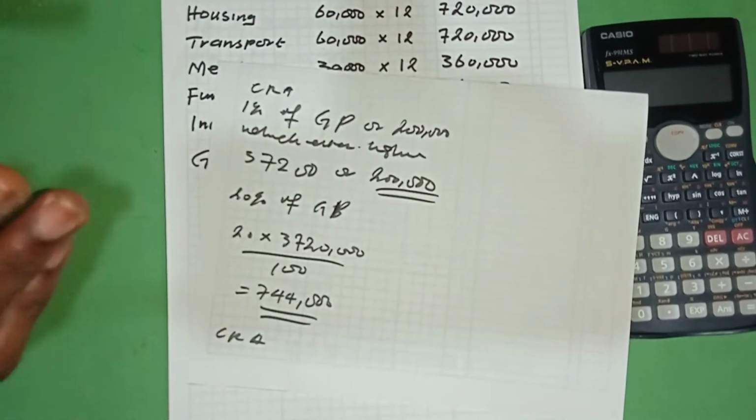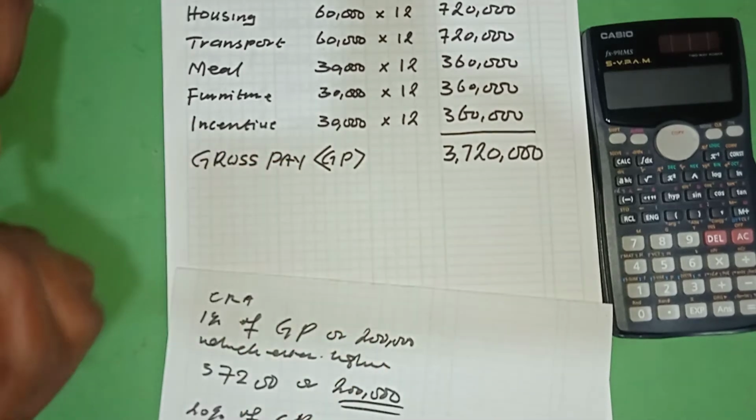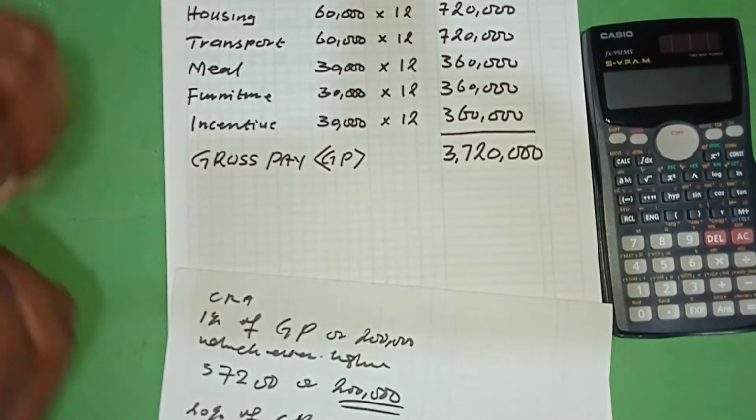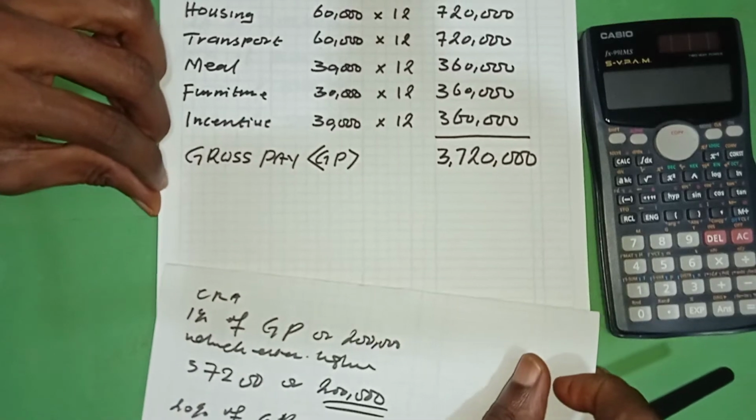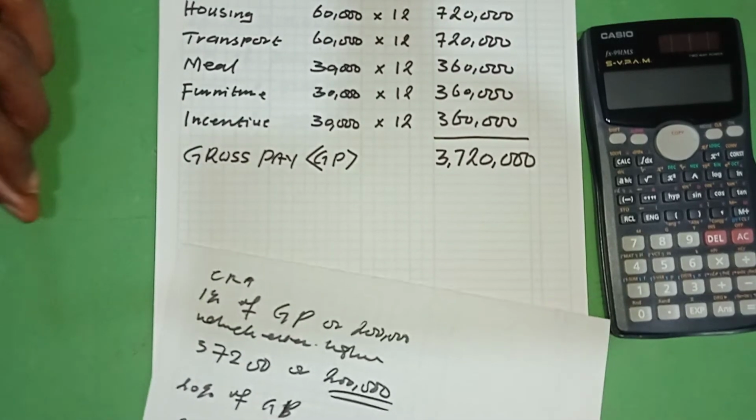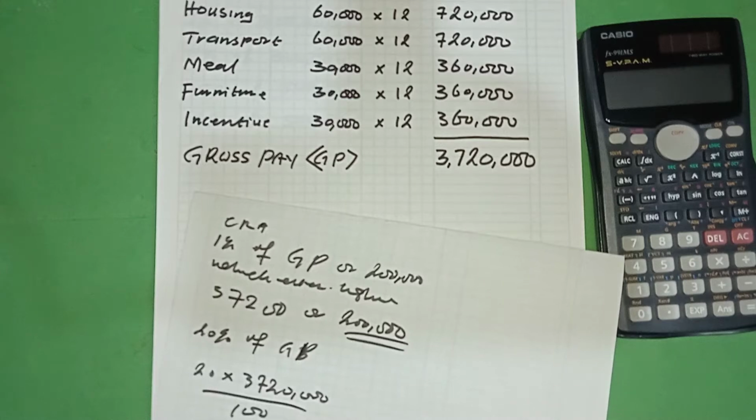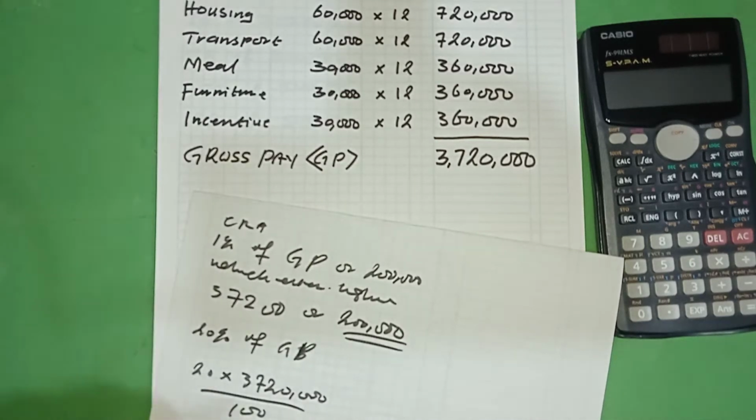I hope you understand. Once you get to this point, the first thing you apply is your CRA, your Consolidated Relief Allowance. And your Consolidated Relief Allowance states that 1% of your GP, your gross pay, or 200,000, whichever is higher.